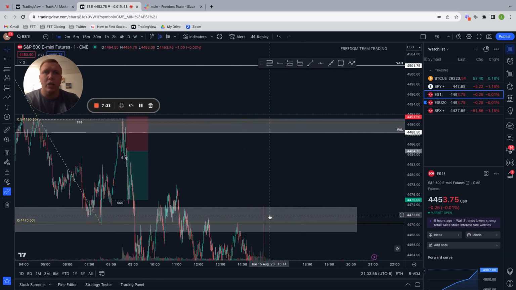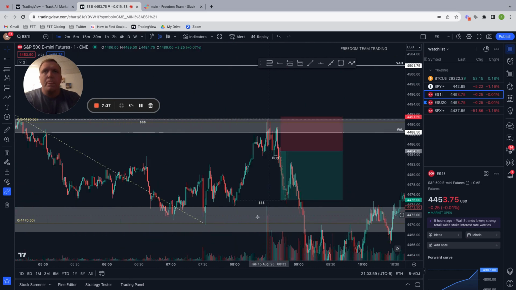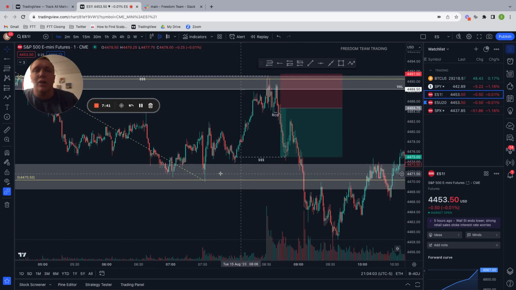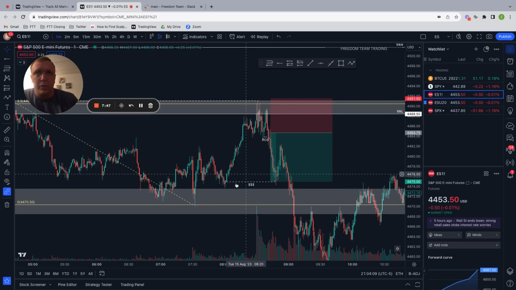I'm on the 1-minute chart, but it's previous price action dating from Monday. Even though this demand zone wasn't fresh, so technically I could have targeted lower like I did in my pre-market plan, I had a good solid risk to reward, and I was able to target the liquidity right there.